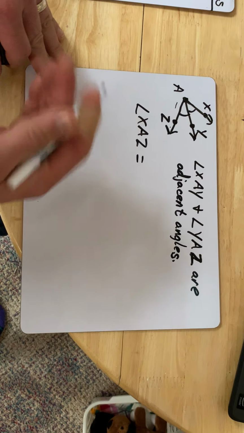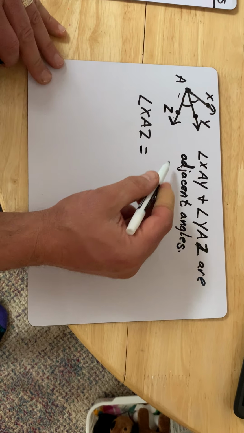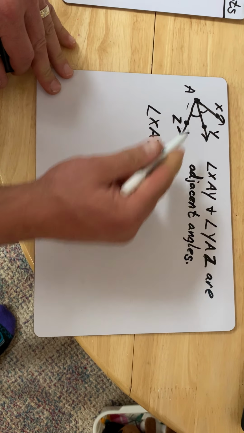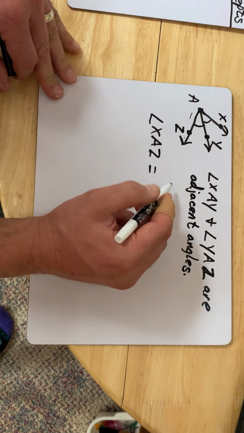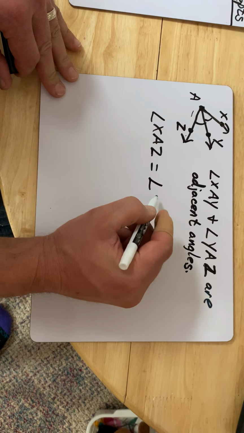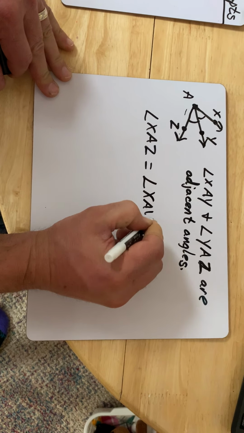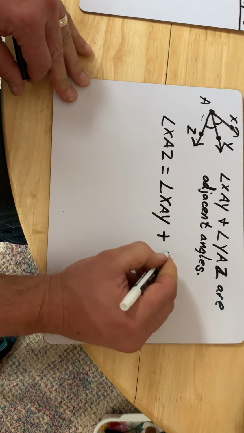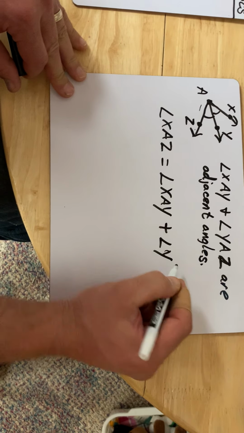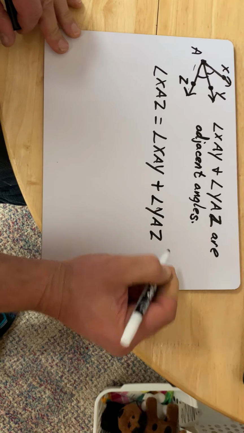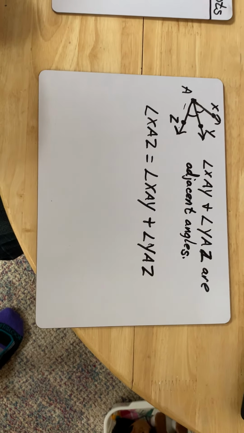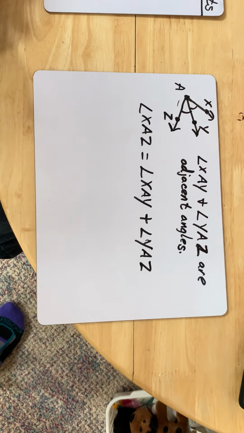It is equal to what I just said, the sum of the smaller angles. So angle XAZ is equal to angle XAY plus angle YAZ, just because they're adjacent.